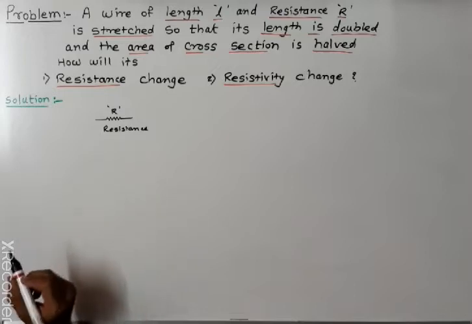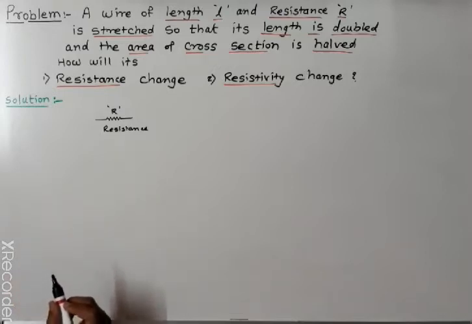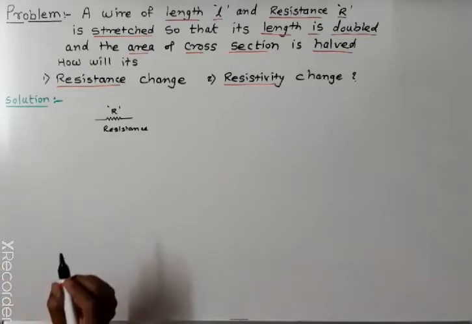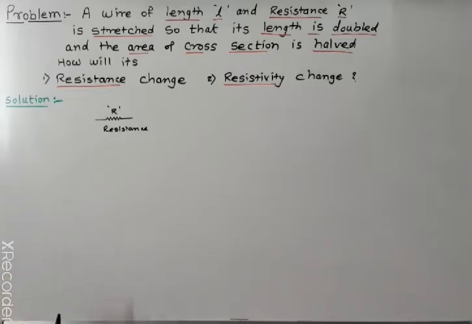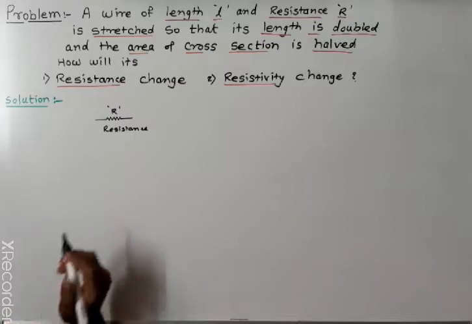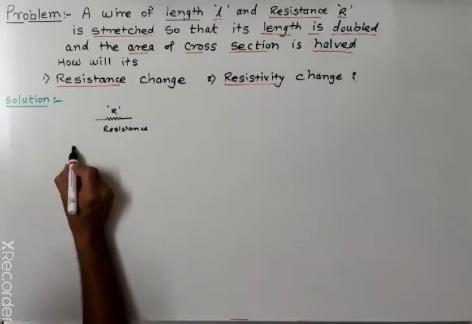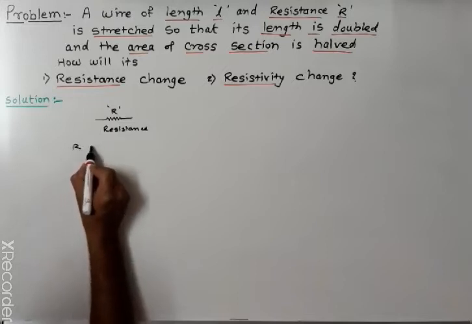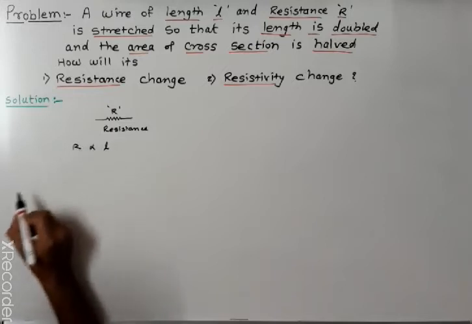Now, on which factors does this resistance depend? The resistance of the conductor depends on its size as well as on the material of which it is made. The material is very important and the size is very important. The resistance R is directly proportional to the length of the conductor.